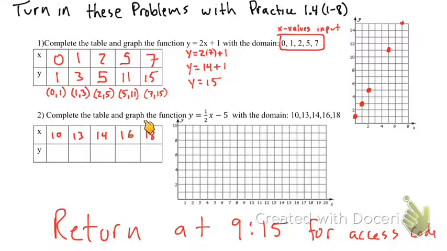Okay, to find my output, my y values, or my range, I'm going to plug each x into the function here. So let's do the work at the bottom. We're going to have y equals 1/2 times (10 minus 5).